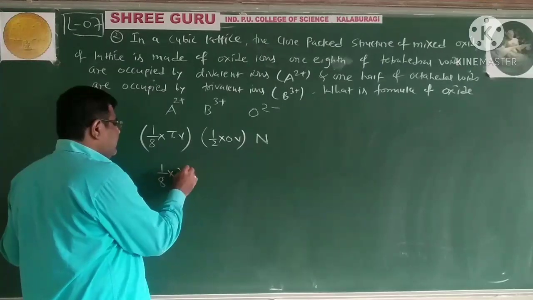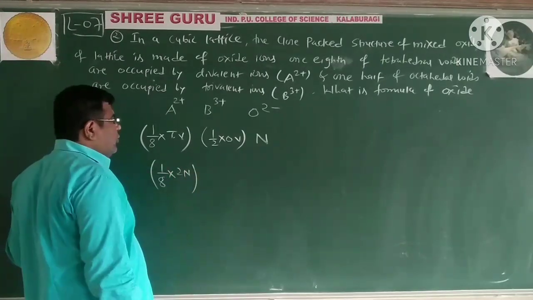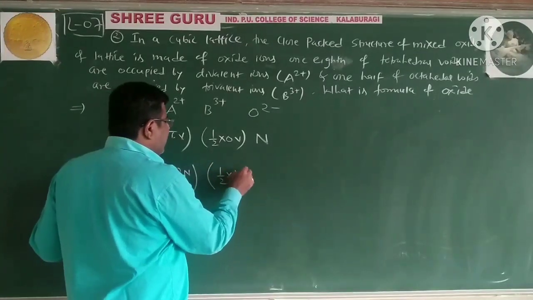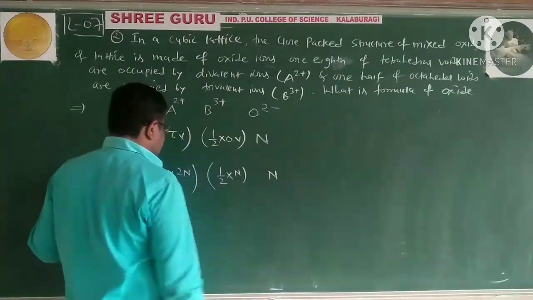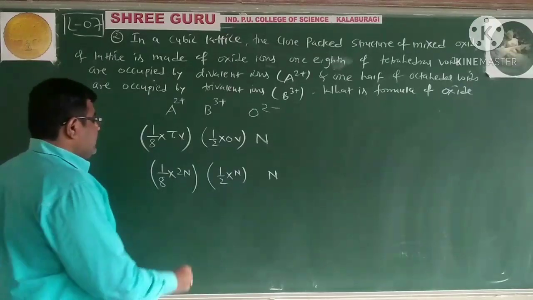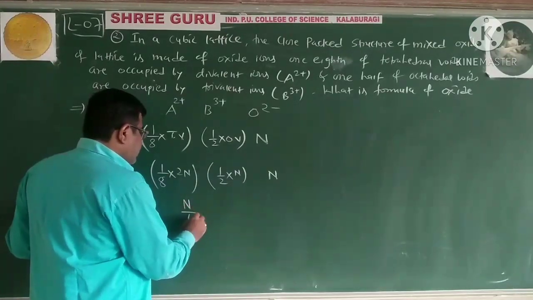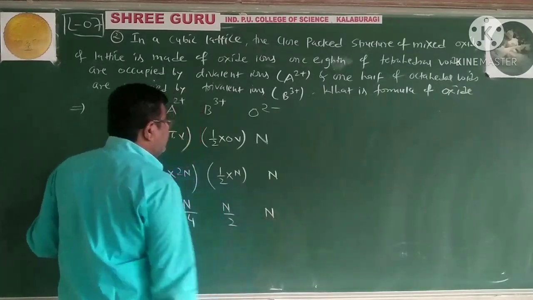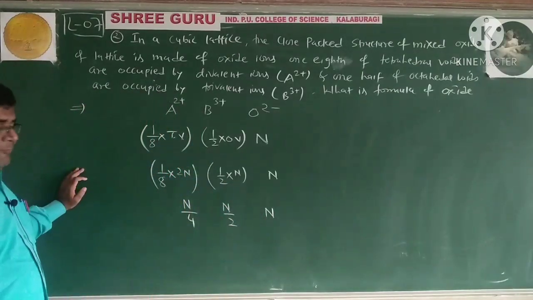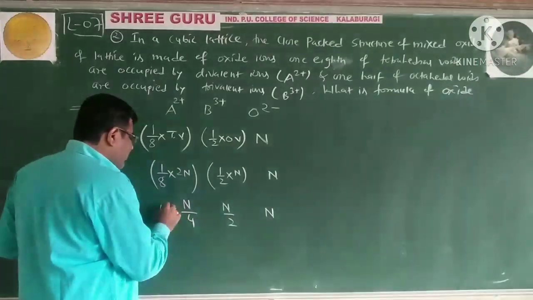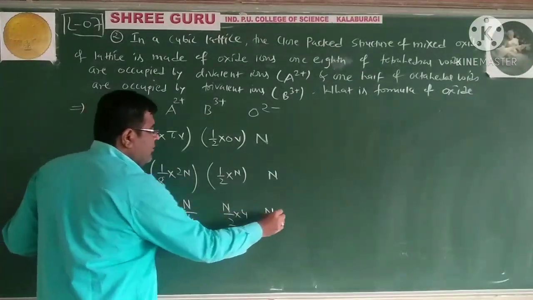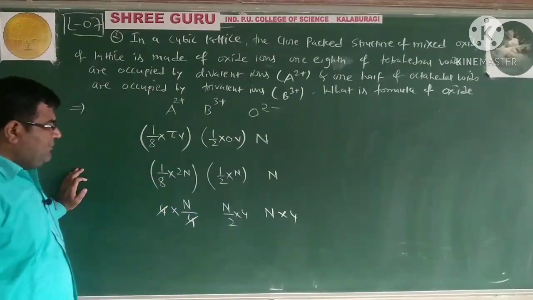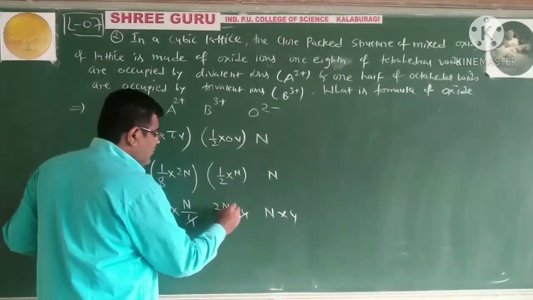1/8 into 2 times capital N, half of capital N, and this is N. So this is N by 4, this is N by 2, and N. Multiplied by 4, the 4 gets cancelled and 4 by 2 is 2.